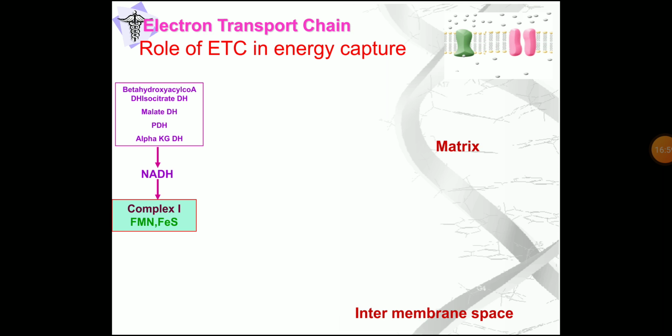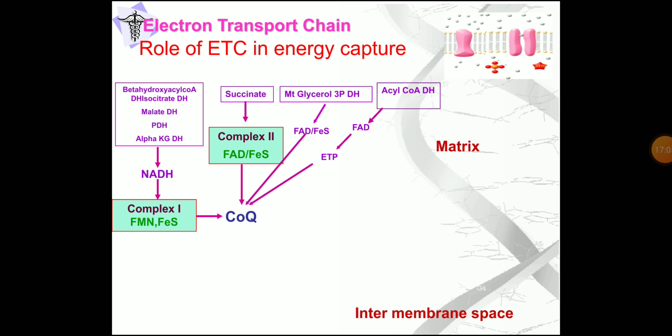Complex 1 is formed, then coenzyme Q, and again complex 2, where through separate reactions FAD is generated, joining the coenzyme Q directly from the succinate.